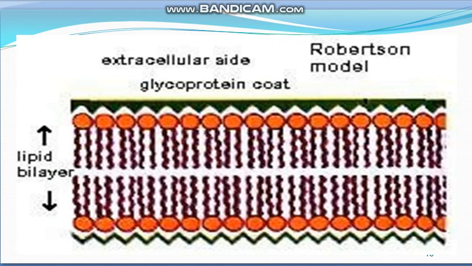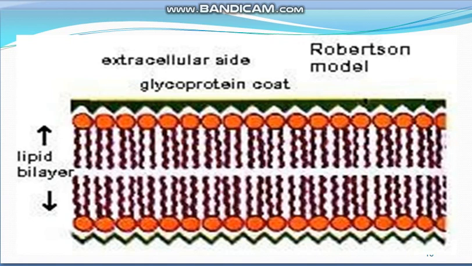According to the Robertson model, all biological membranes have a trilamellar structure, meaning they are made up of three layers, proposed in the same way as in the Danielli-Davson model.